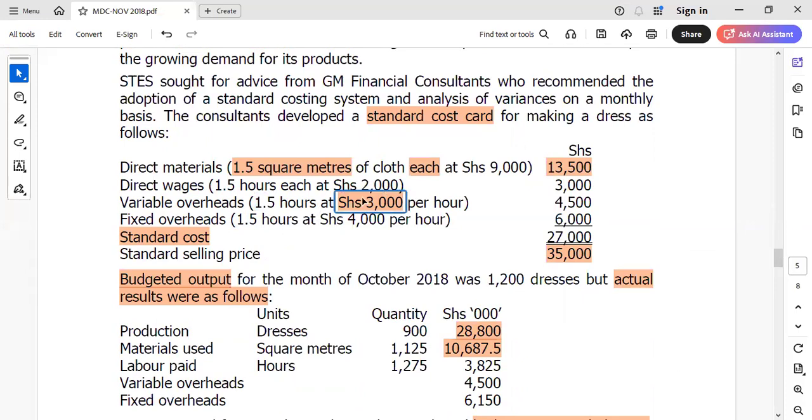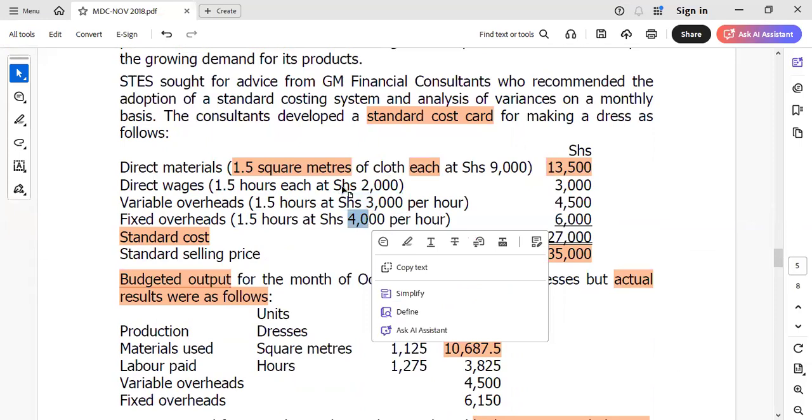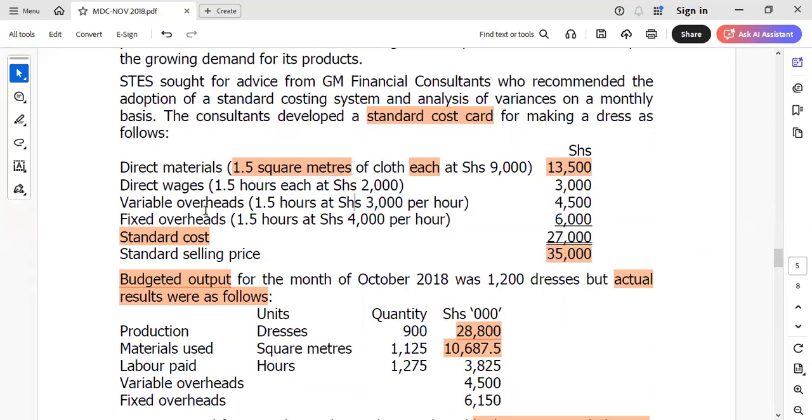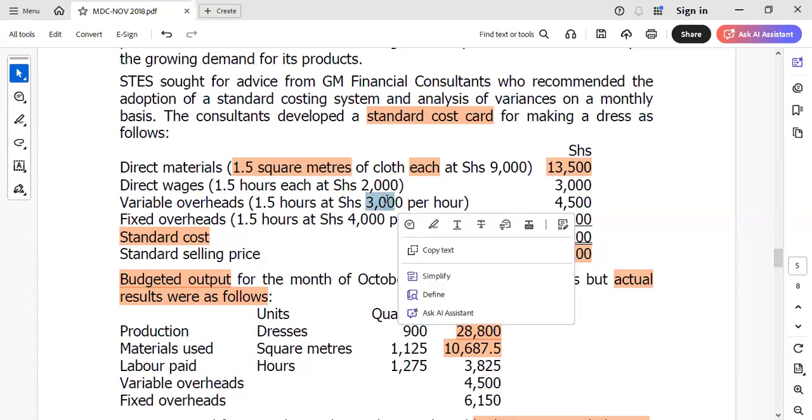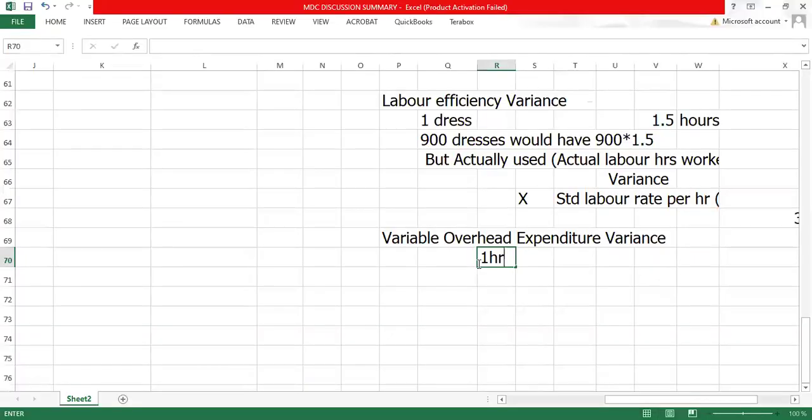But the difference will always be in the amount. With variable overhead expenditure, every hour the company is planning to pay, the budget is to pay, 3,000.